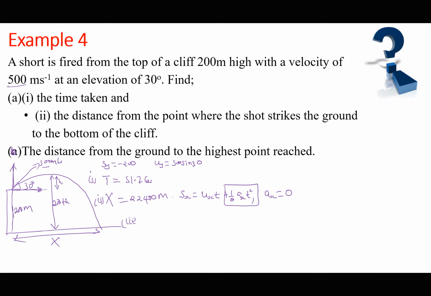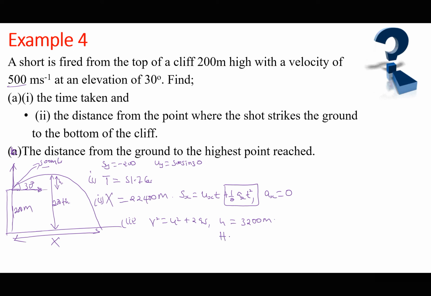Then for Roman 3, I'm going to use v squared equals u squared plus 2as. At maximum height, v is 0. I'm finding small letter h. I will not show you the working, I've done it in example 3. I've just put it in my calculator. So small h is going to be 3,200 meters to two significant figures.